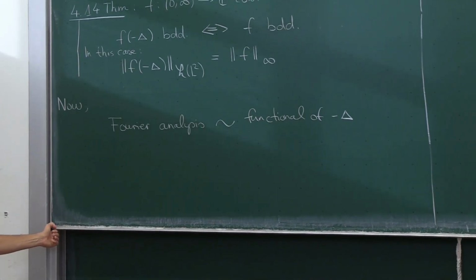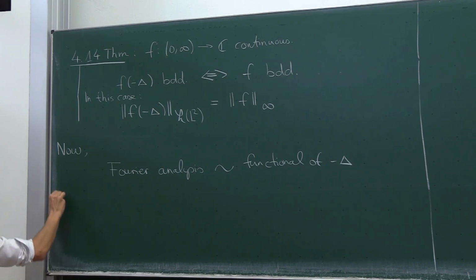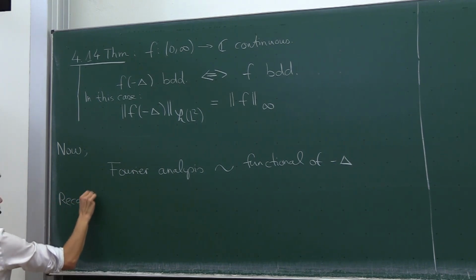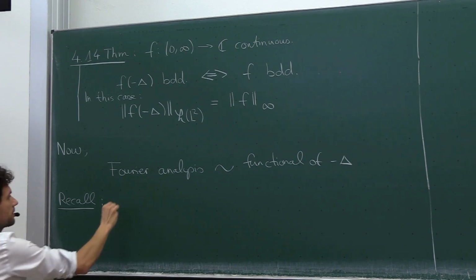Okay, so I'm going to talk about two properties in Fourier analysis. I'm going to prove them first using the Fourier transform, and then we try to reinterpret them in terms of functional calculus. Okay, before we can do that, we just quickly recall that there's a thing like radial functions.